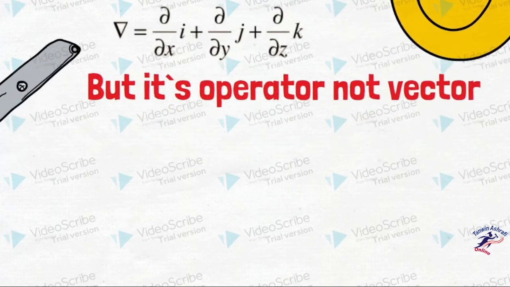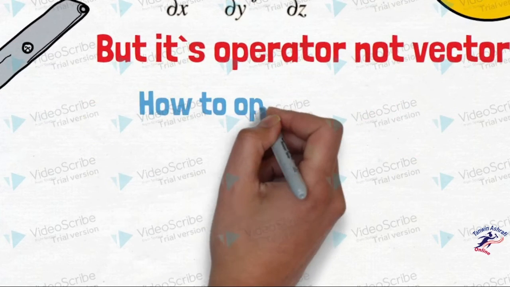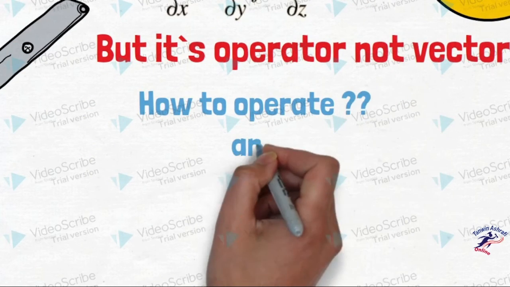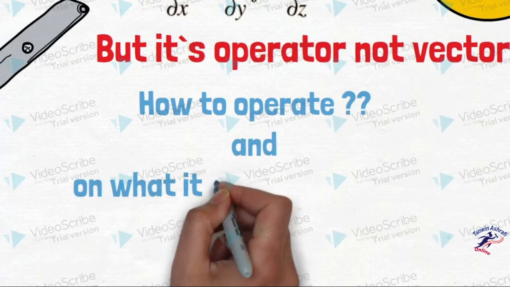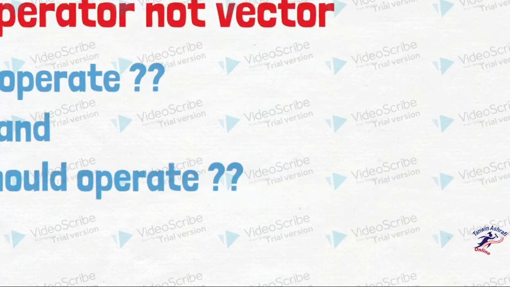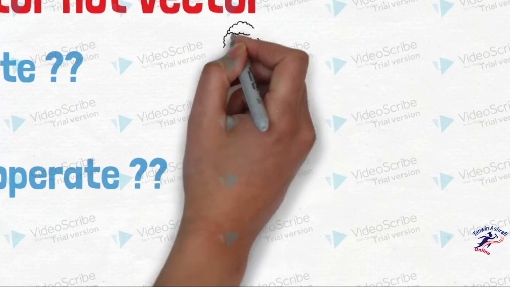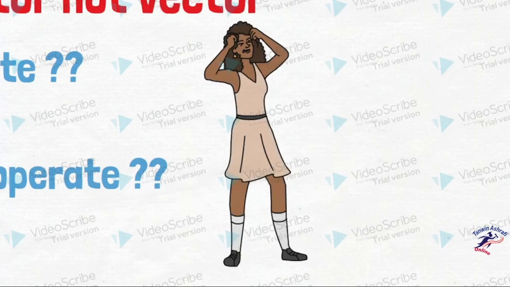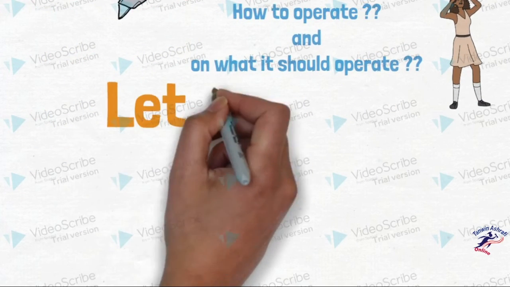Be remembered, it's not a vector. Then the questions arise: how to operate and on what it should operate. There are many problems in it. We have to see a lot of things then.